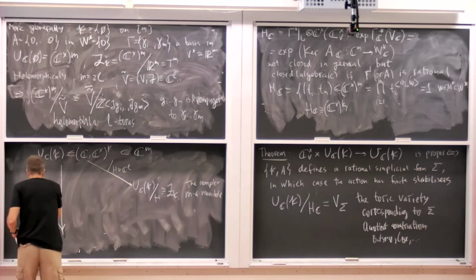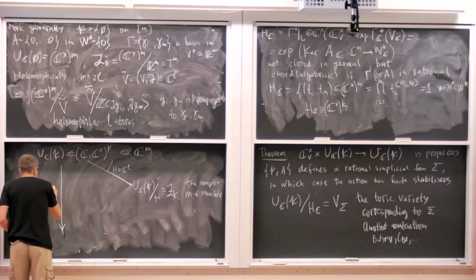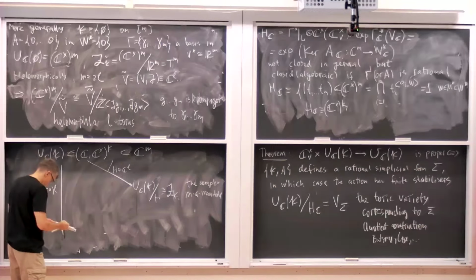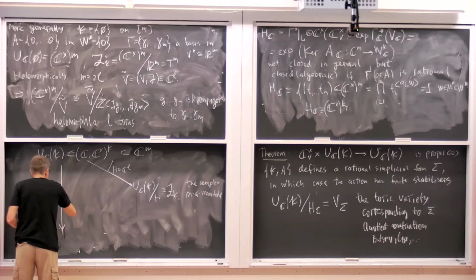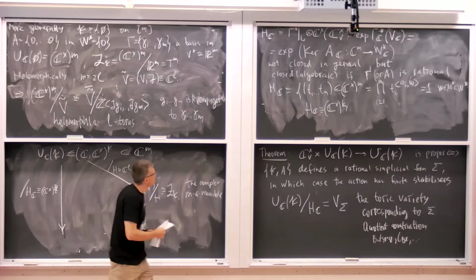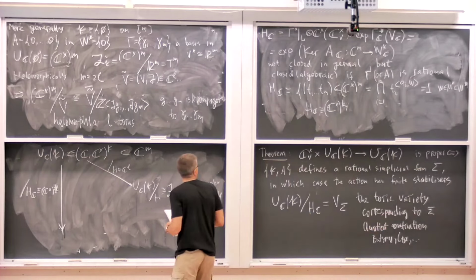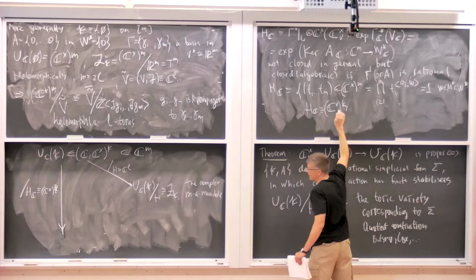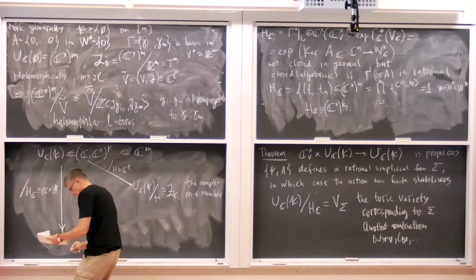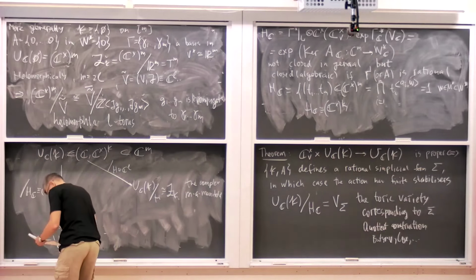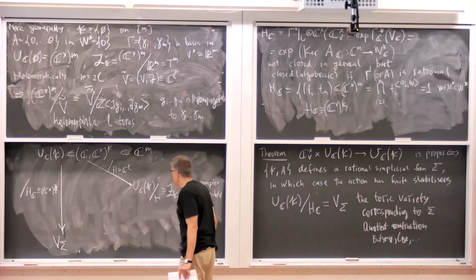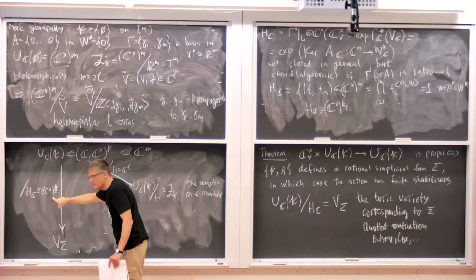And in this case, this one is isomorphic to C star to the power 2L. Oh, sorry, to the power 2L. It's twice dimensional. So this K here is 2L, right? And now the quotient is a toric variety. Okay. And now, of course, this is like halfway through.